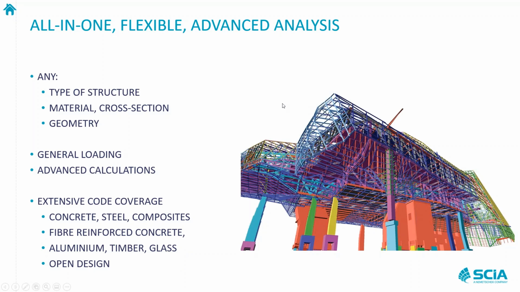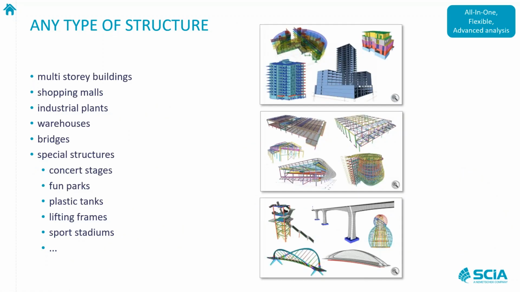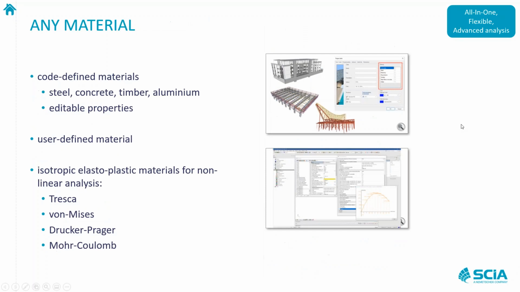You can have in SCIA Engineer, in fact, any kind of material, section, or type of structure. So you can use it for bridges, multi-story buildings, or industrial buildings. It is really multi-material.